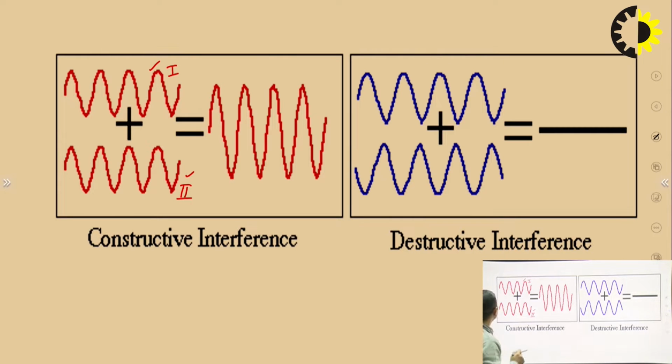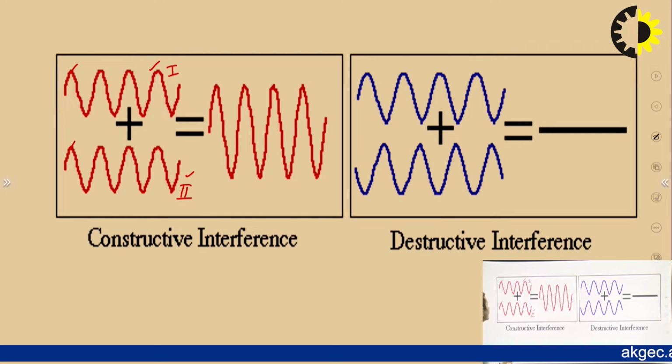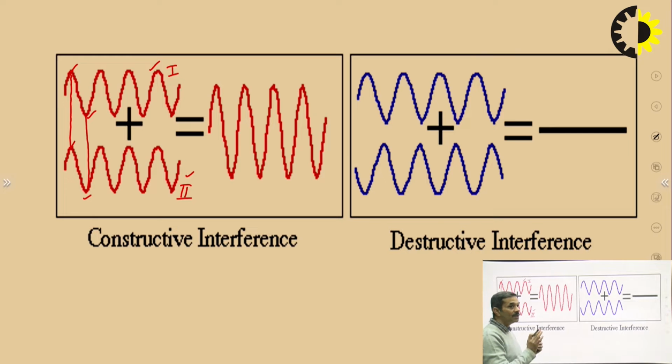Same phase means the crests of the waves coincide with each other, and the lower points, known as troughs, are also at the same position. If this relation occurs between the two interfering waves, they are called in same phase.